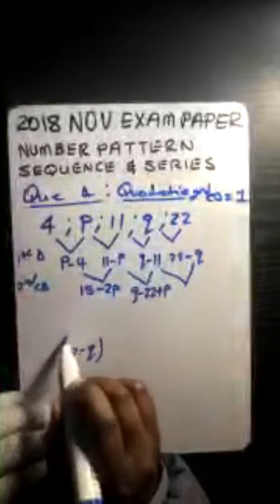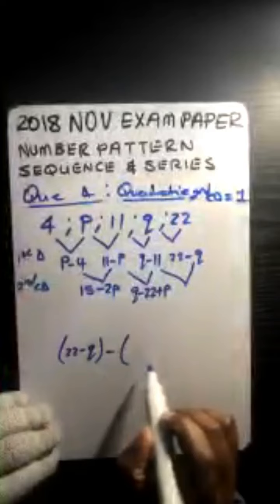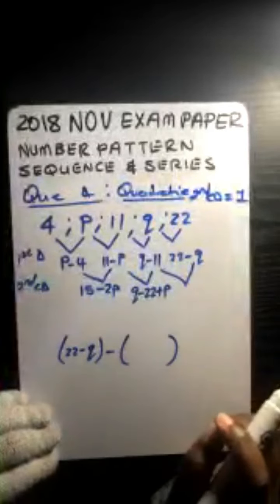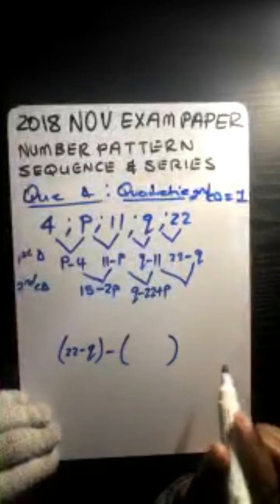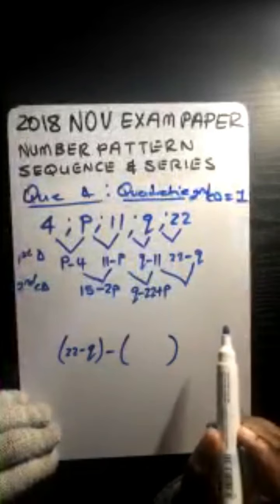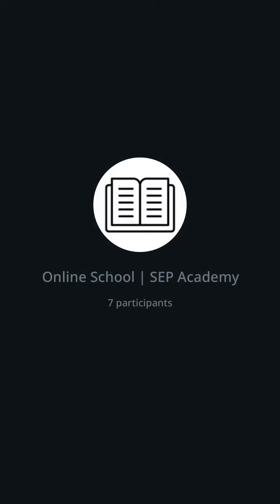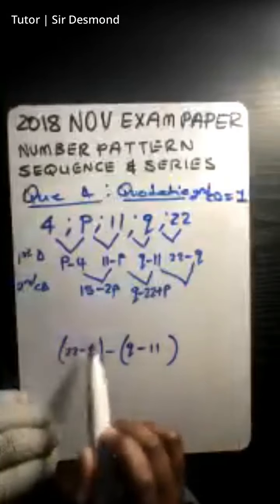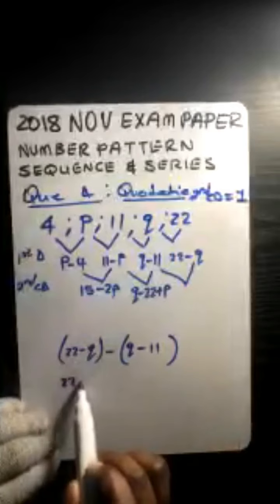Remember, guys, this is me in the exam trying to answer this question, so make sure that you have your eyes wide open and check for every mistake that I'm making. There, what am I having? I'm having q minus 11, so visible 1, invisible 1. I'm just having 22 there minus q.